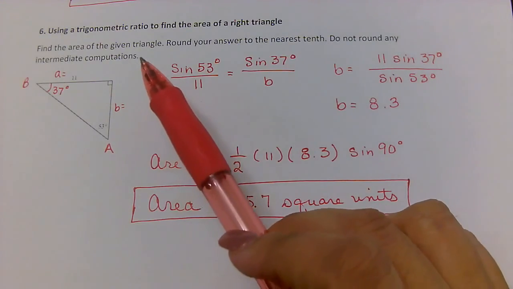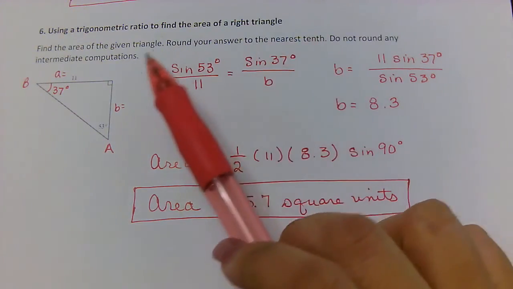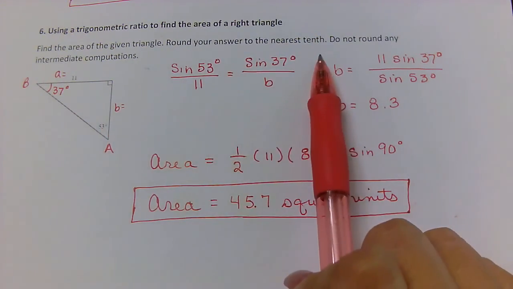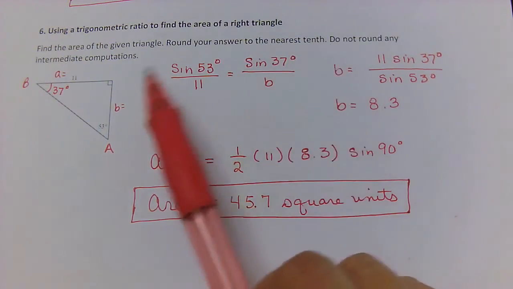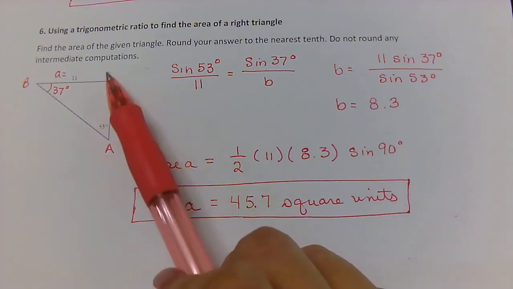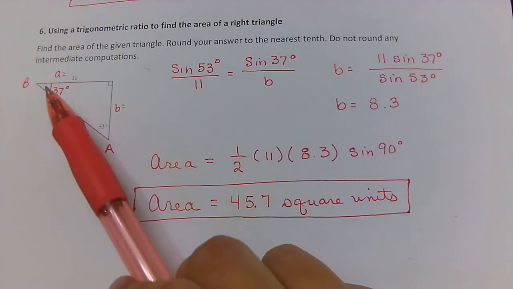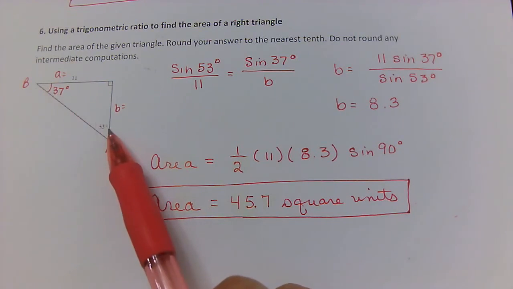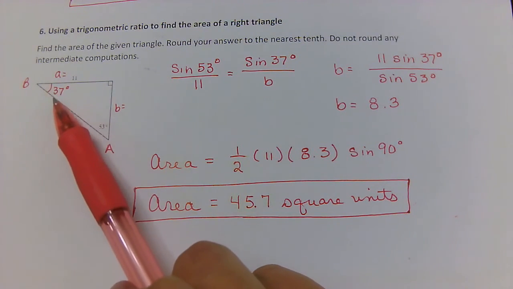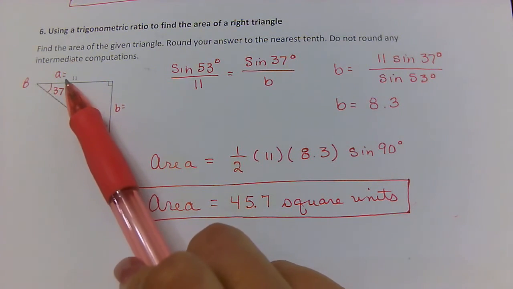Number 6, we're trying to find the area of the right triangle, and round your area to the nearest tenth. First thing we know, we're given 2 angles, so we'll find angle B, that's 180 minus 90 minus 53. We get that to be 37 degrees here.